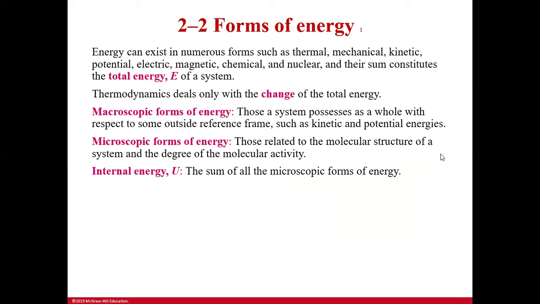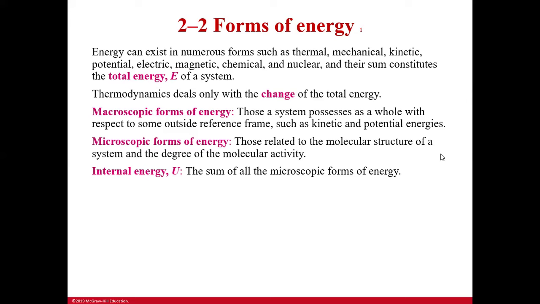Energy can exist in numerous forms such as thermal, mechanical, kinetic, potential, electrical, magnetic, chemical, and nuclear. And their sum constitutes the total energy, capital E, of the system. Thermodynamics only deals with change of total energy.